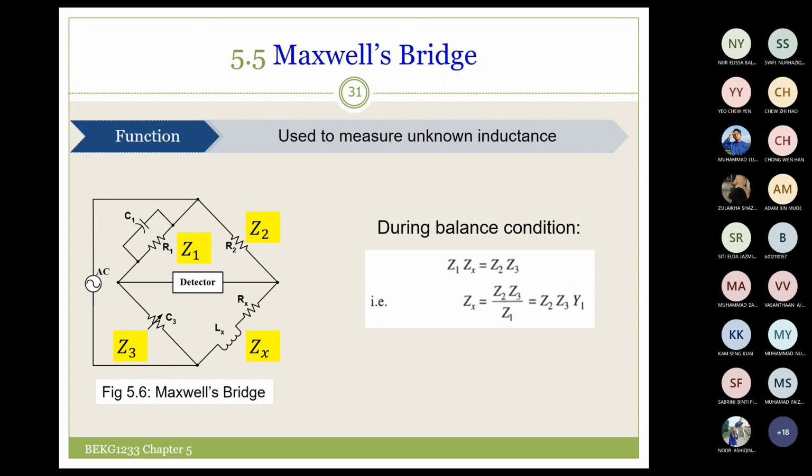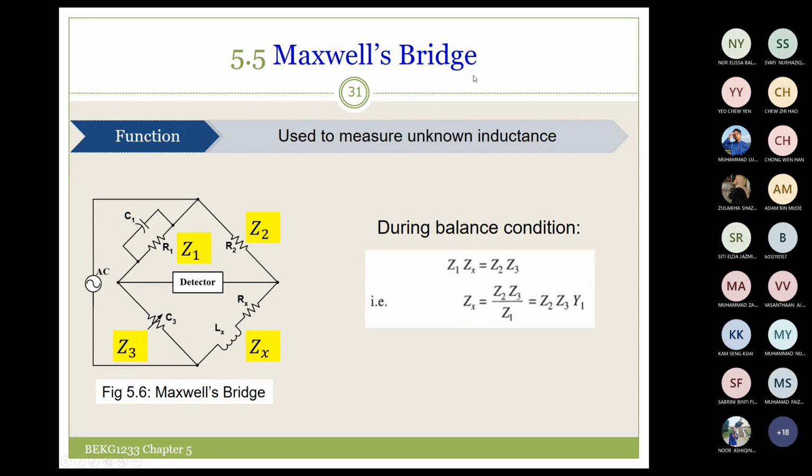First, the AC bridge is a Maxwell bridge. The Maxwell bridge is used to measure the unknown inductance. Z can be from R, from a combination of R and a capacitor C, from an adjustable capacitor, and also from the inductance.